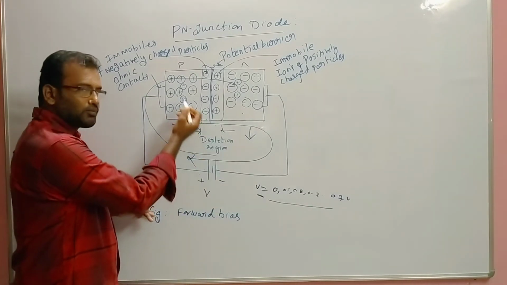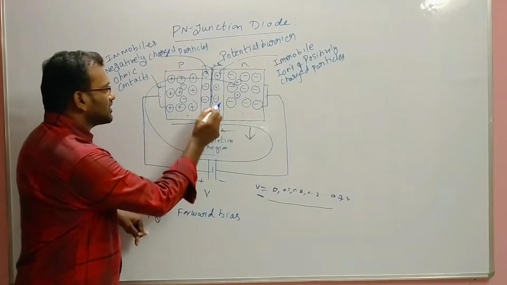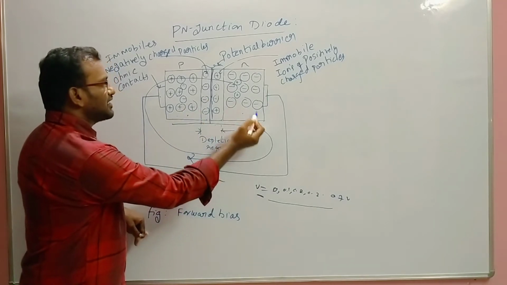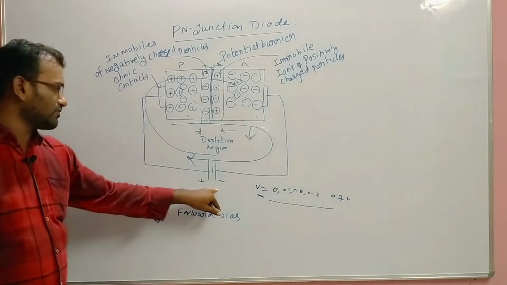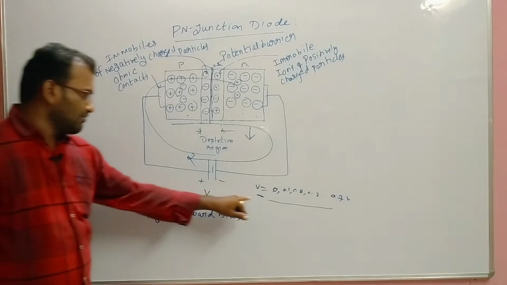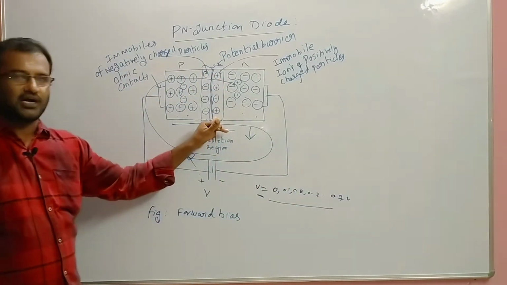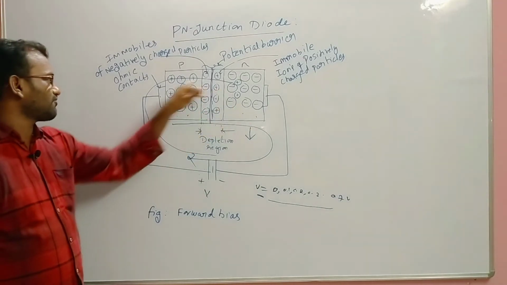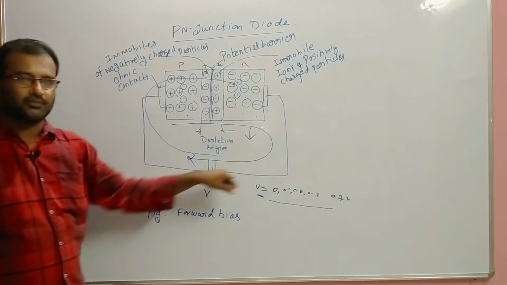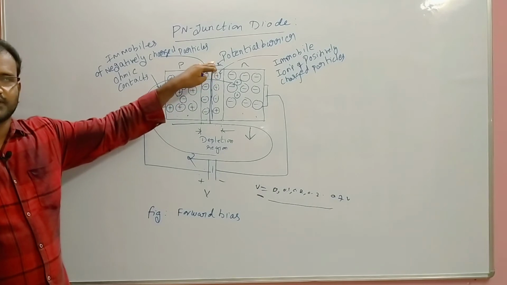Then there is no scope for attraction, and the carriers move from P-type to N-type and from N-type to P-type. That is why it is called the forward bias condition. When the voltage increases, the depletion resistance reduces, and finally the current flows from P-type to N-type. This is the function of the PN junction diode.